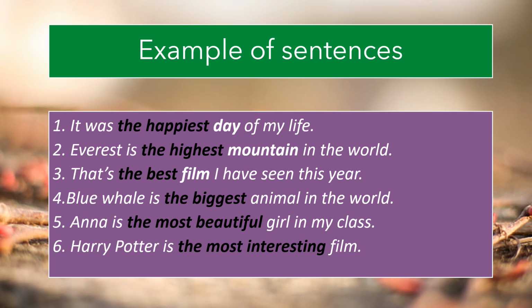The best film. Number 4, blue whale is the biggest animal in the world. The biggest animal. Number 5, Anna is the most beautiful girl in my class. The most beautiful, three syllables, so we add the most: the most beautiful girl in my class.